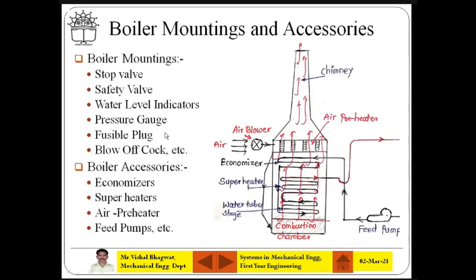Now, what does a fusible plug mean here? At the bottom of some of the water tubes or the boiler shell, there is a small fusible plug, made of metal or any material which will melt at a very high temperature, more than 100 degrees Celsius, whatever fusing temperature you set for the plug.